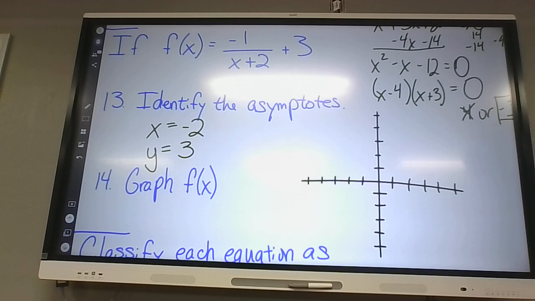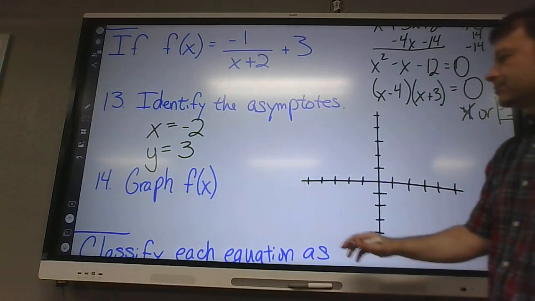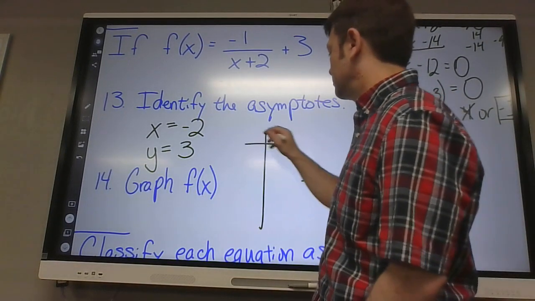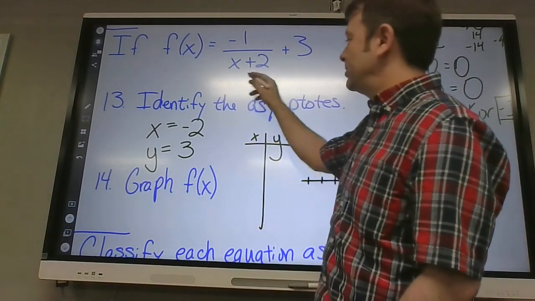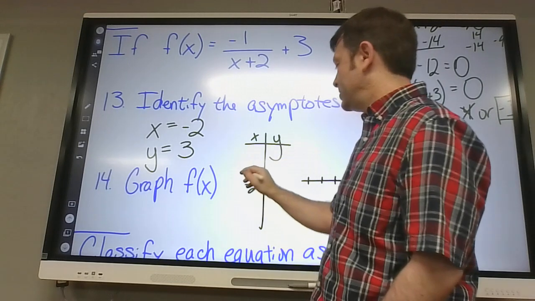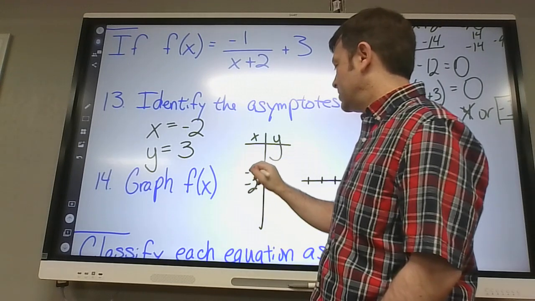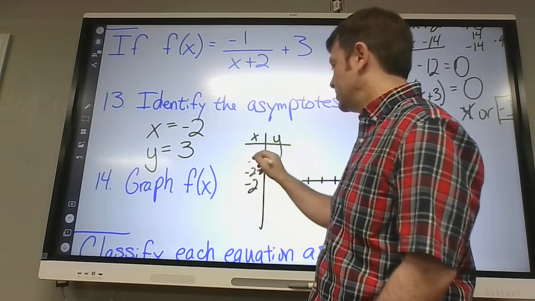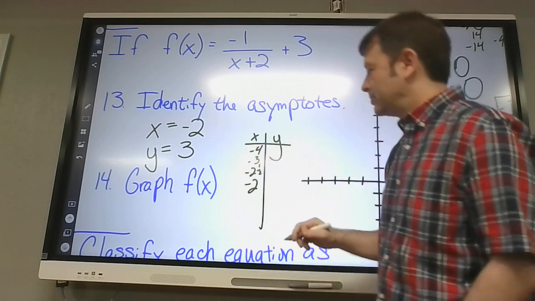How did we graph this thing? Did you agree? Okay, the middle of the graph is x equals negative 2. So remember I had you choose x values that were close.